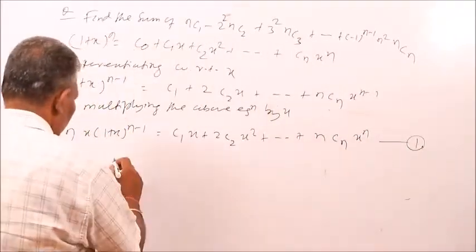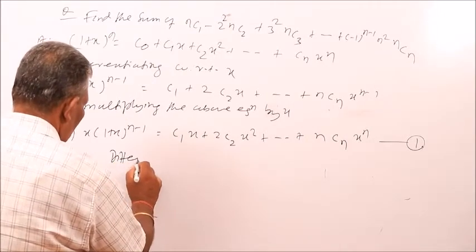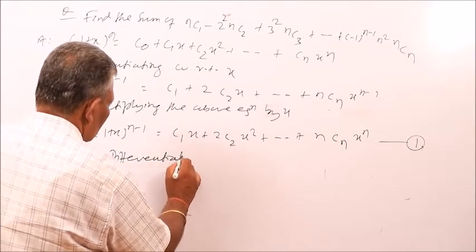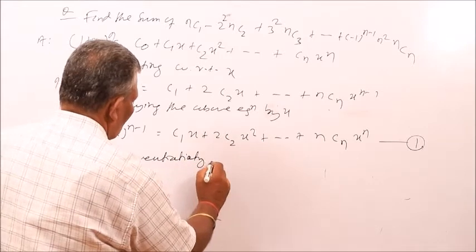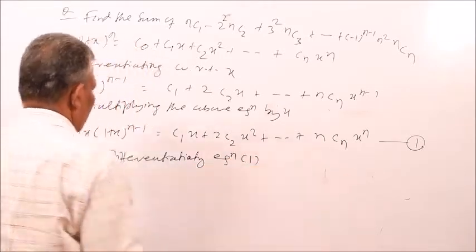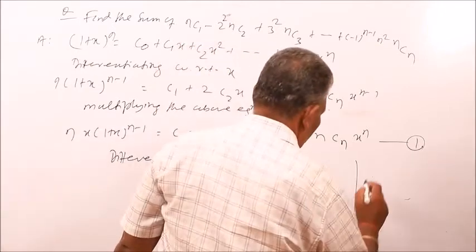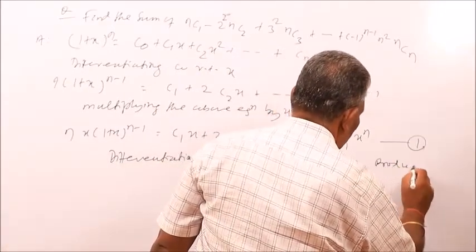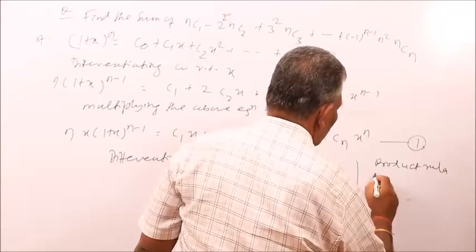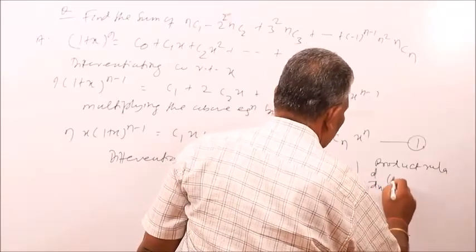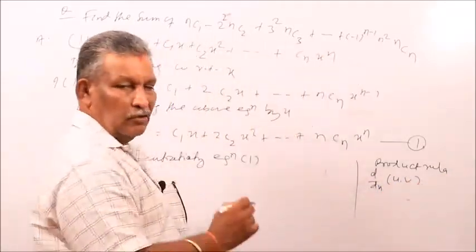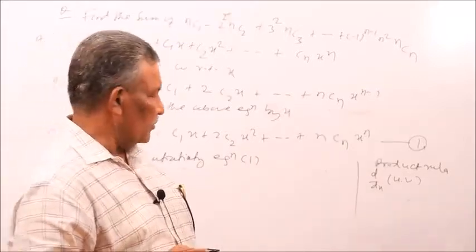Differentiating equation 1. So let me clarify your product rule. d by dx of u into v, suppose u is the first function, v is the second function.